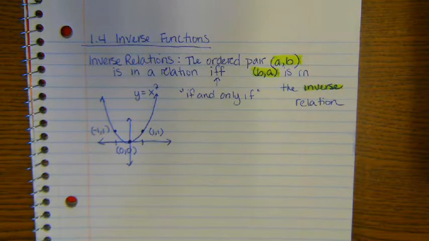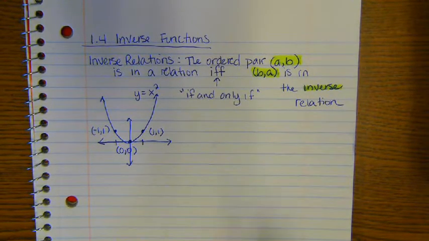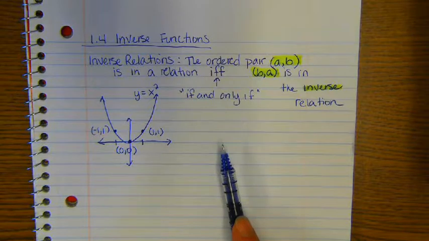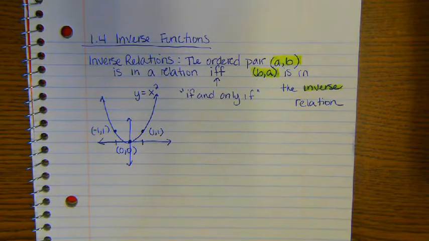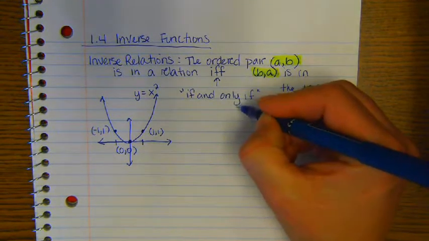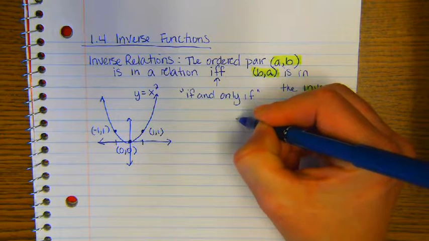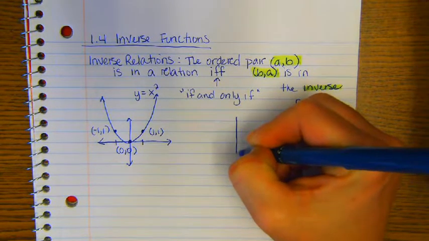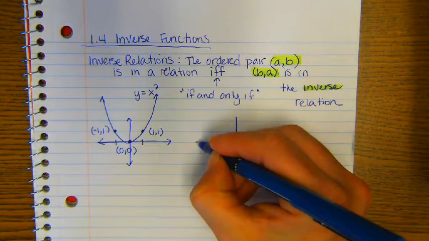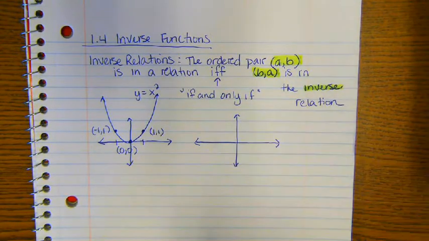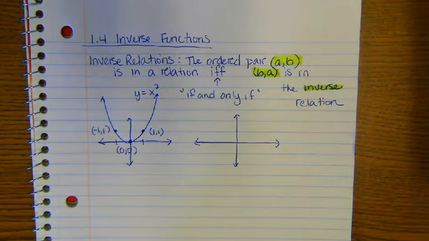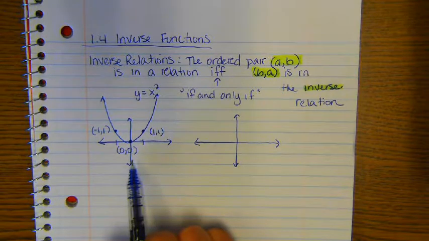So then, if I wanted to graph the inverse relation of these points, we could reverse the coordinates. So let's try to sketch that graph. If you reverse 0, 0, what would we have?